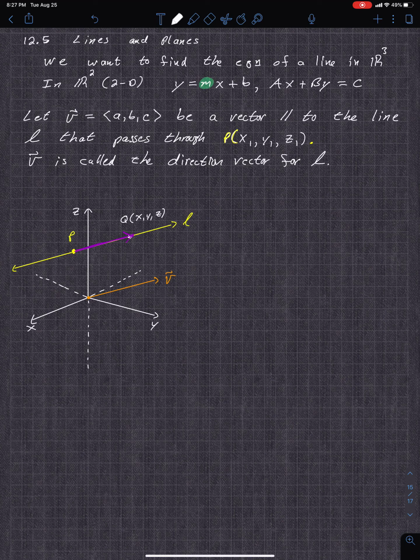So we have a bunch of points, arbitrary points on the line. That's your Q. So we're going to define the line L to be the line that's through P parallel to v, and it's the set of all points that have the same direction. So this is how the statement goes.